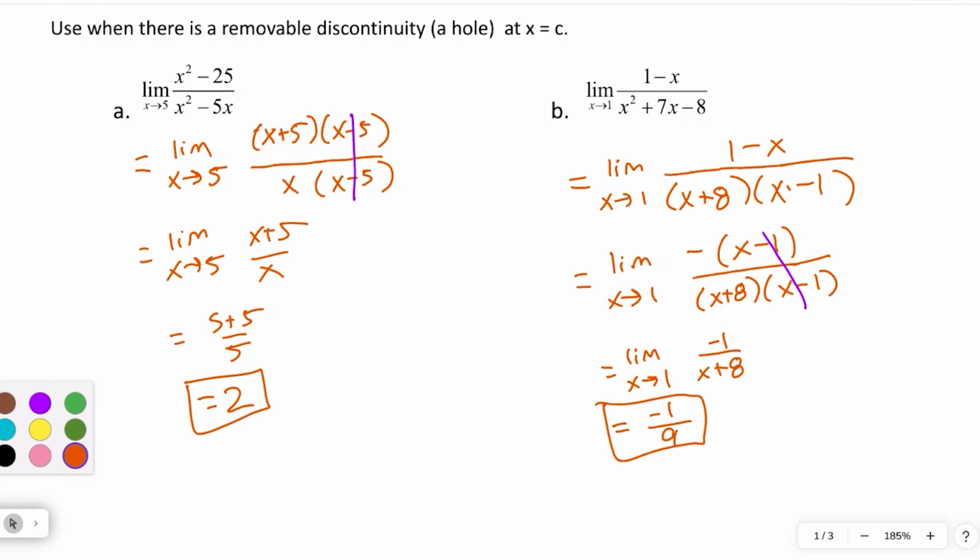This has a specific value. So what you're saying without this is that -1/9 equals the whole function. But this is not a constant function, so that would not be true, and they'll dock you for that. The reason I didn't write it here is because from this step to this step, I'm actually evaluating the limit. So I'm saying the limit of this function is -1/9. Does that make sense?